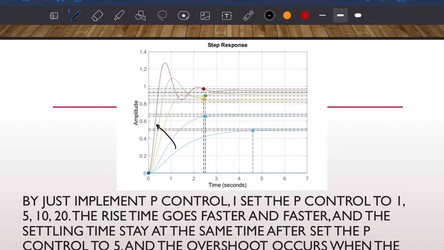The settling time stays about the same after we set the P controller to 5, 10, 20. I forgot what number I set, but they remain about the same. After we increase the P control, we can see the overshoot gets bigger and bigger, and that's not what we want.